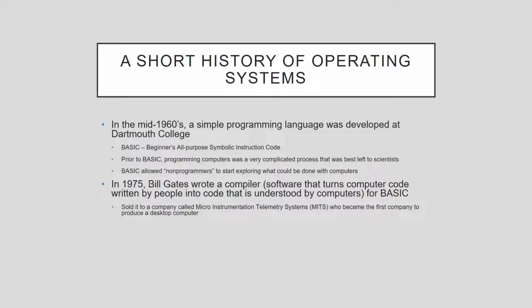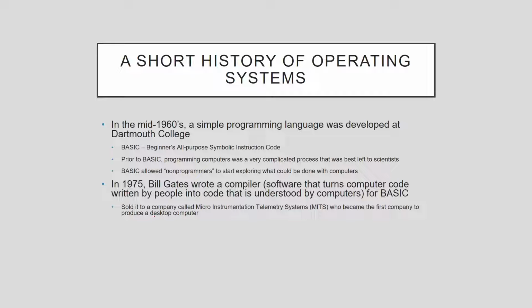Then Gates sold the compiler to a company called Micro Instrumentation and Telemetry Systems, or MITS. MITS was the first company to produce a desktop computer that was widely accepted and could conduct useful work in the hands of any knowledgeable programmer.